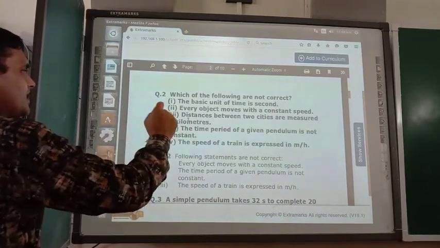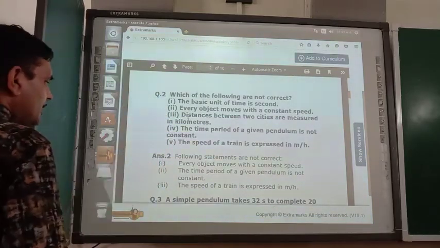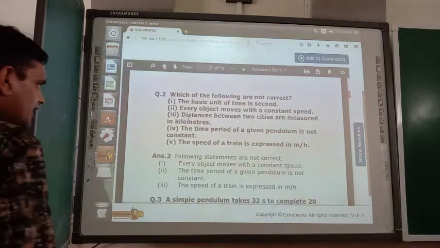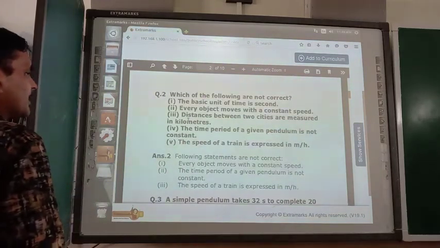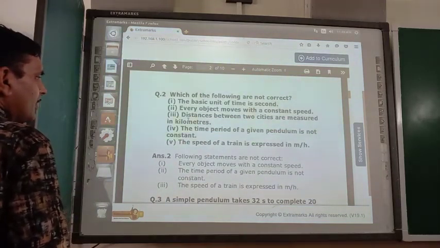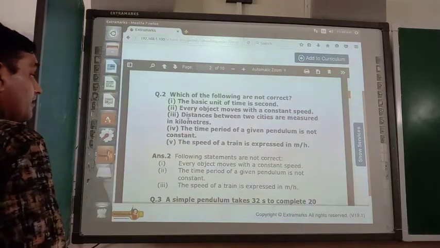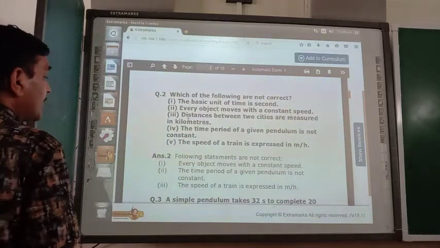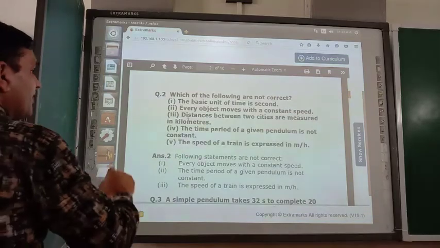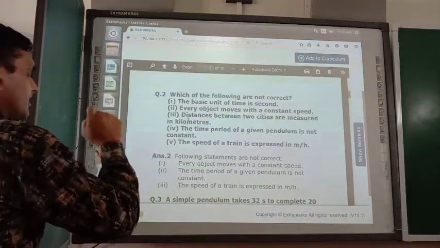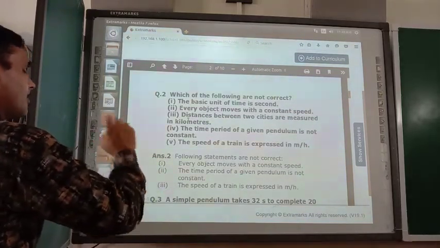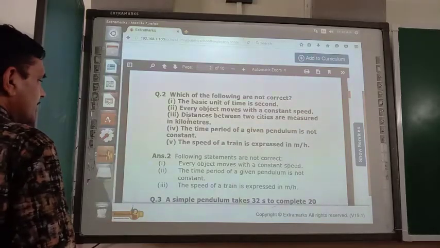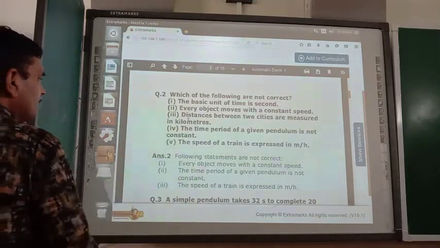Distance between two cities is measured in kilometer, this is correct. The time period of a given pendulum is not constant. No, the time period for a given pendulum is always constant, so this is also not correct.